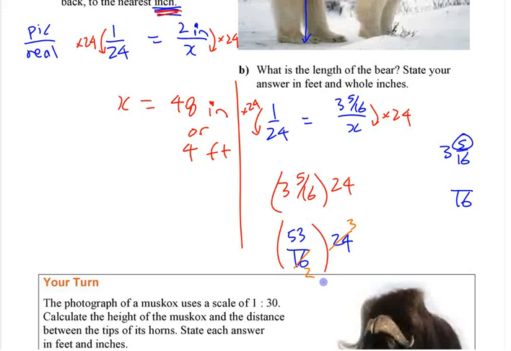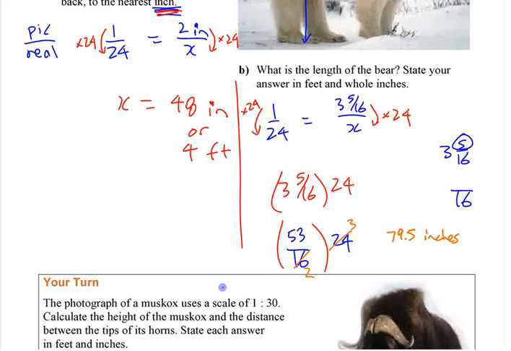However you want to work through it, divide it on your calculator. You get that this is 79.5. Is that right? Inches. Anybody agree with that? Yes, no, maybe.